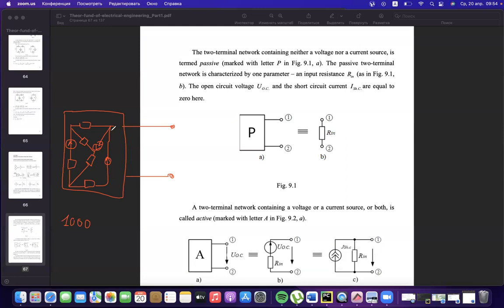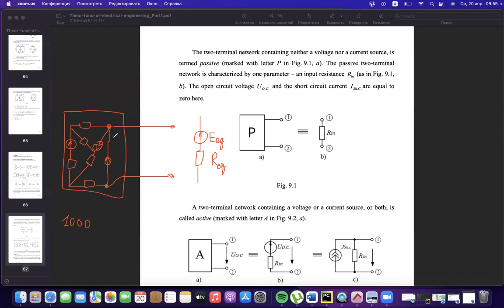But if we look at this circuit as a so-called two-pole, as a circuit with two points of connection, then we could substitute this circuit with the simplest equivalent of one single electromotive force and one single equivalent resistor.